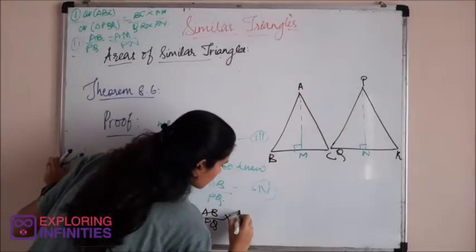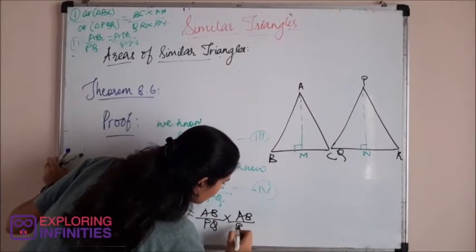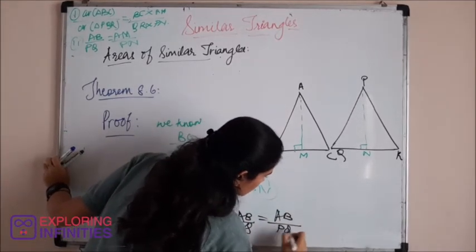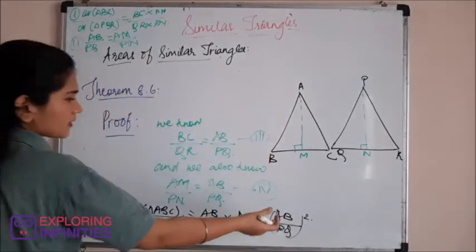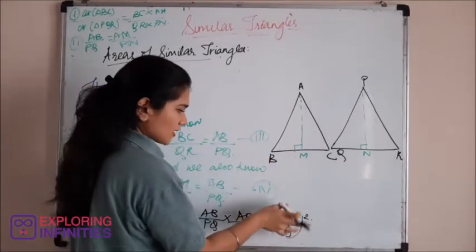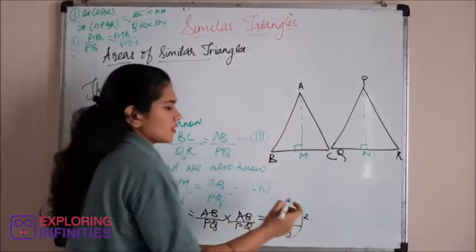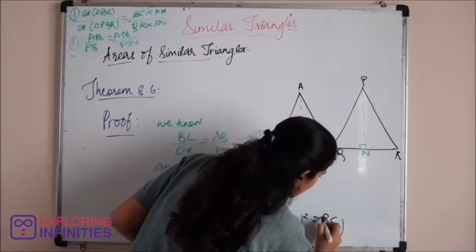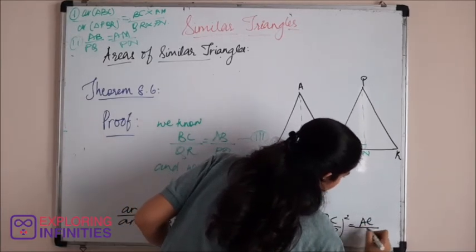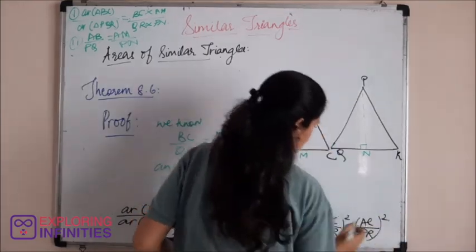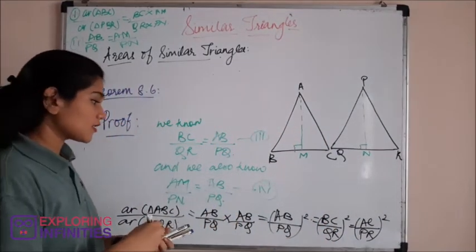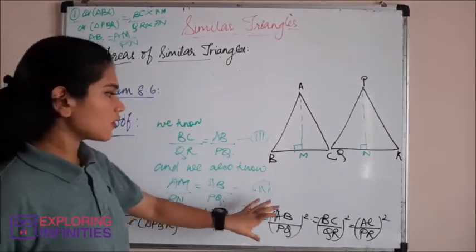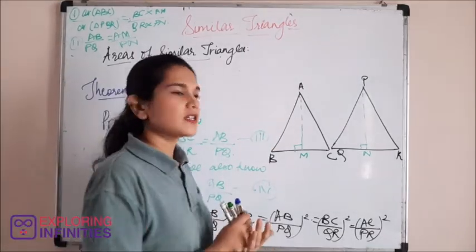AB by PQ, AB by PQ, which would be what? AB upon PQ whole square. We can convert this very corresponding side, the ratio, into any of the terms. What? As BC divided by QR whole square or AC divided by PR whole square. Hence, we have proved that the ratio of the areas of two similar triangles would be equal to the ratio of the square of their corresponding sides.